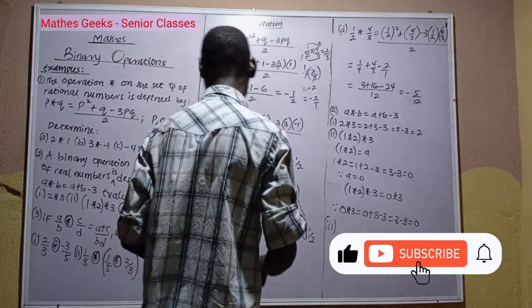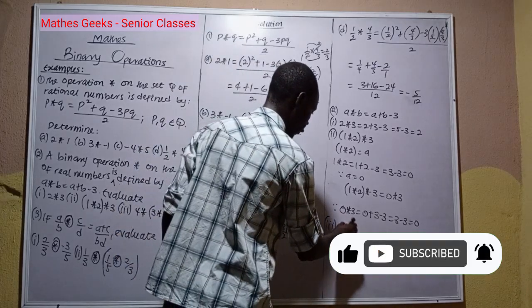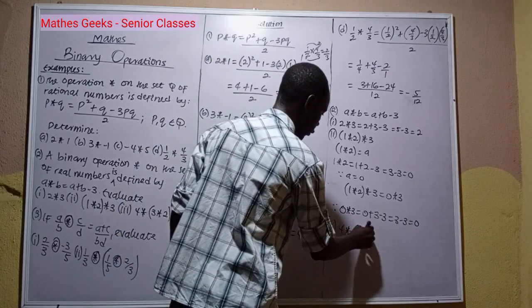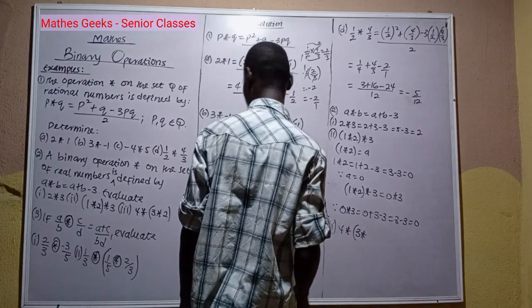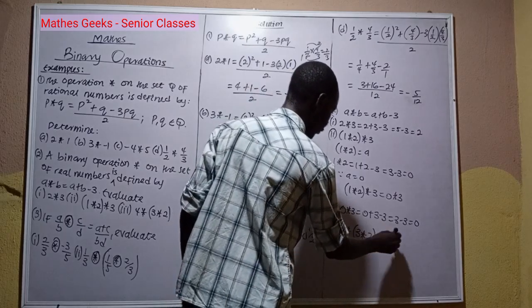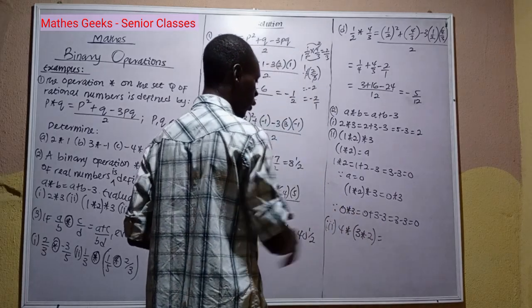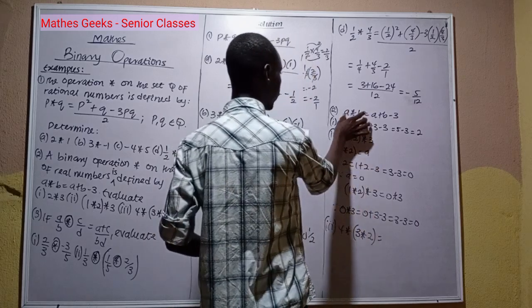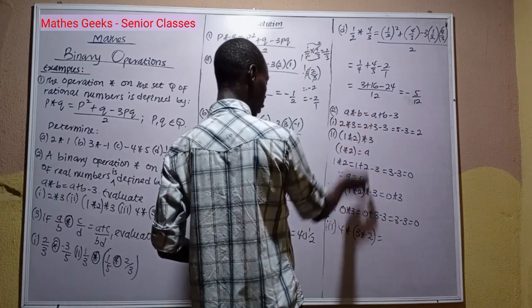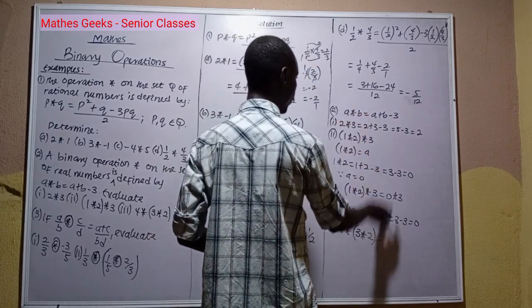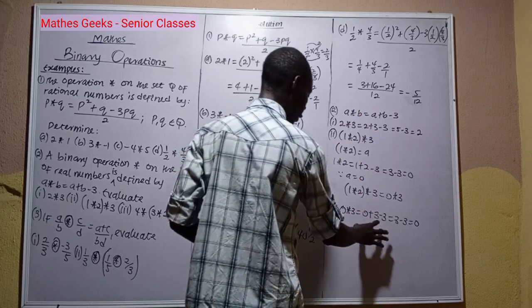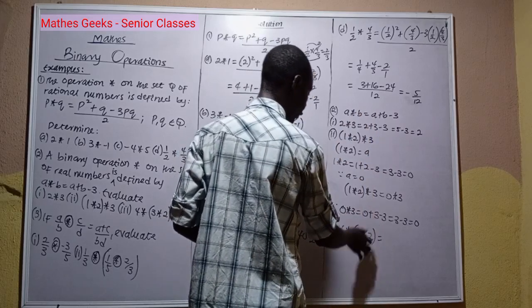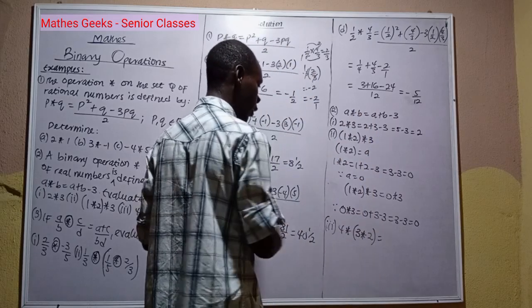My figure 3 says 4 star 3 star 2. So comparing this with the general rule of combination, A is 4, and 3 star 2 is B. So the first thing is that we need to solve for 3 star 2 as a single unit.